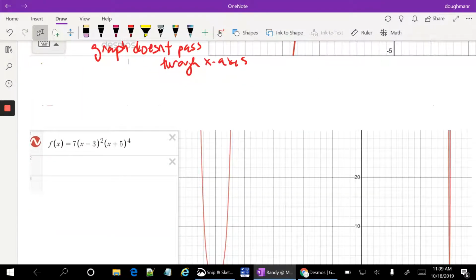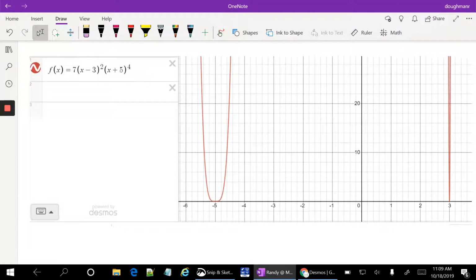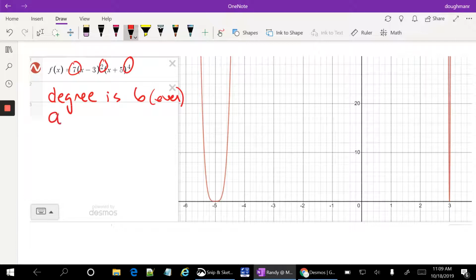Okay, let's look at another example. Quickly, I see a 2 and a 4 and no other x terms in here, so the degree of the polynomial is 6. More importantly, it's even. And the leading coefficient, a, is greater than 0. So it's going to have the general shape of a quadratic.